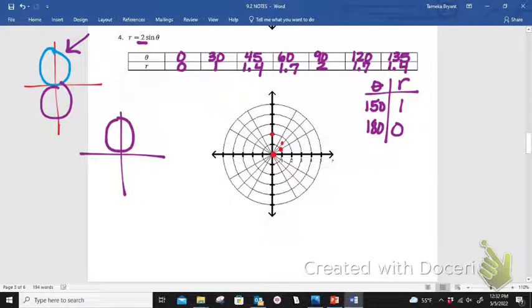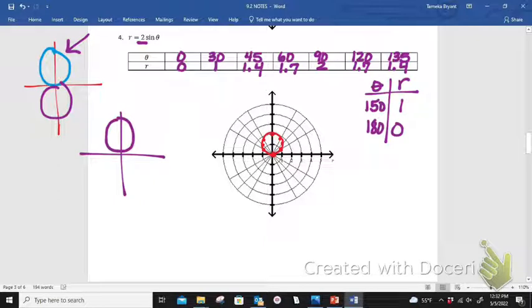You just need enough to help you get the picture. So you can see it's just going to look like that. So the entire circle is not going to go past the second ring.